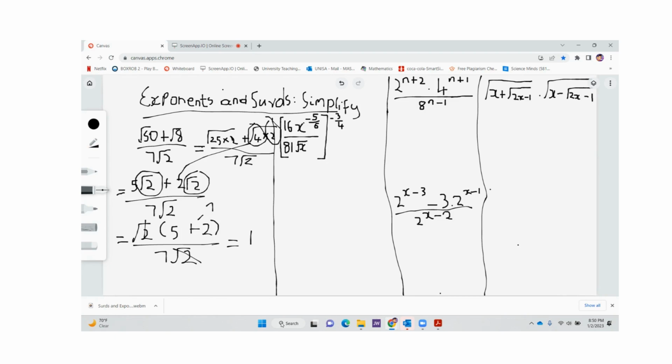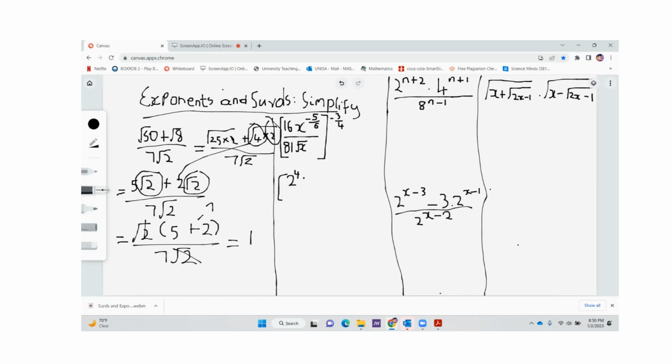Deal with the inside first. So in an exponential form with the lowest base, what could be 16? We know that 16 can be 4 squared, or it can be 2 to the power of 4. So it's always advisable to use the one with the lowest base.